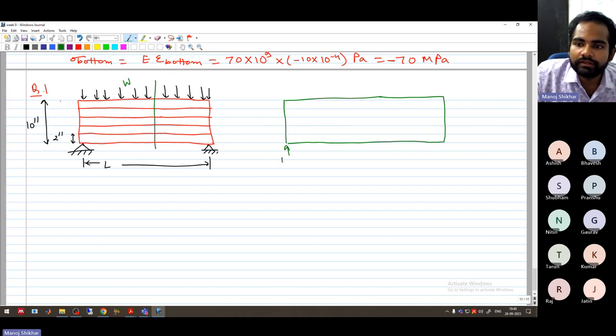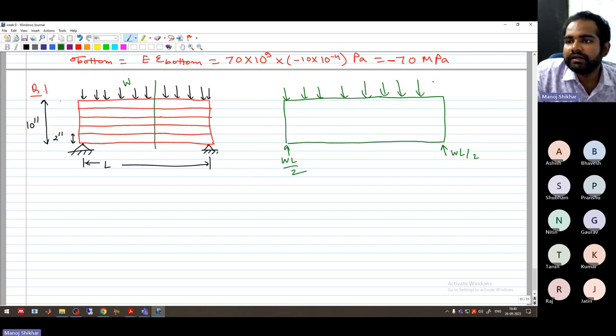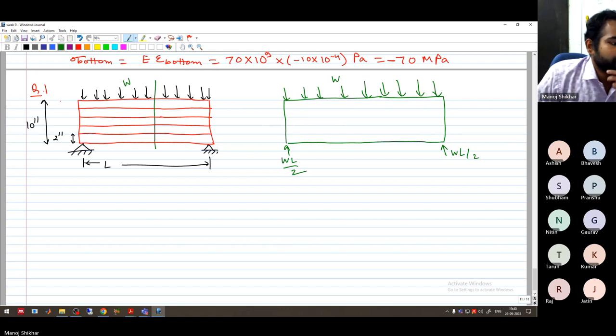So this is WL by 2 here and WL by 2 here. This is loaded here. We can find these reactions from your first year mechanics concepts. Because the time is very less, I will have to pace it up.